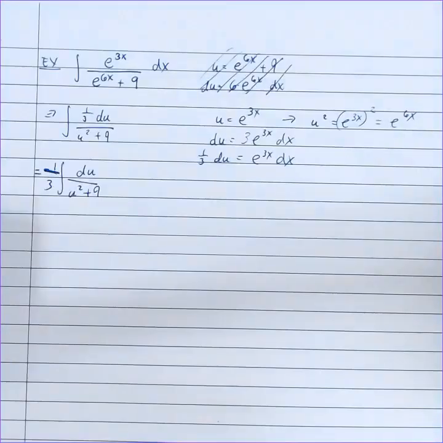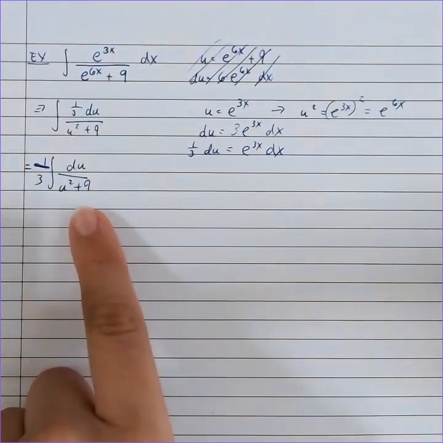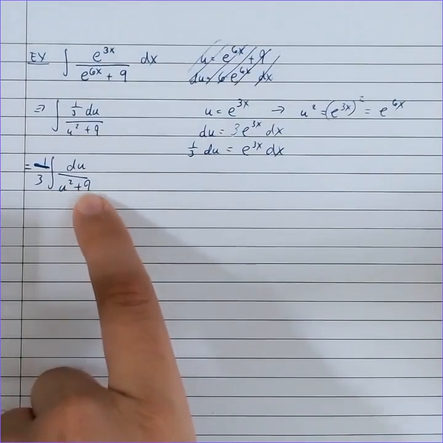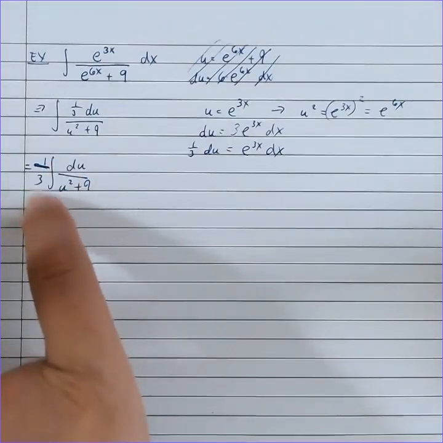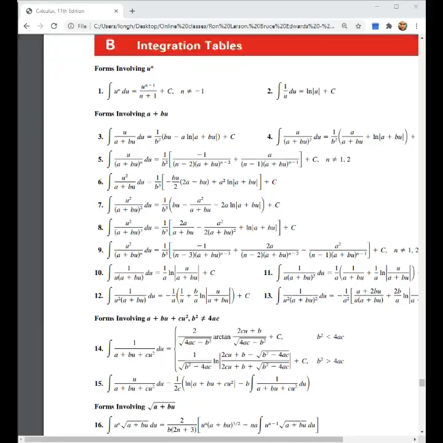Okay. Now, you might recognize this if you think back to chapter 5, but if you don't, that's the point of our table. So let's go back and look for our table. What we're looking for is something with a quadratic, the sum of u squared plus 9, in the denominator. That 1/3, we don't really worry about that. So over here, let's see, I need a quadratic.